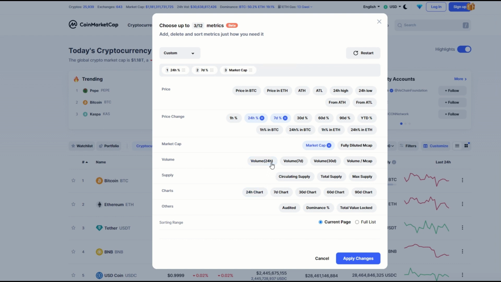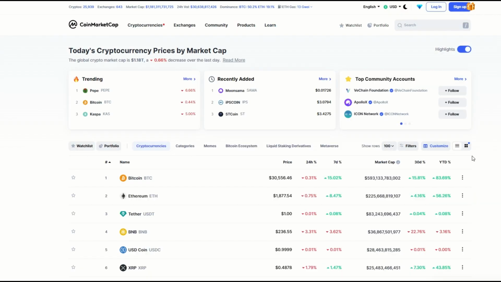I can actually take out my 24-hour volume too. And what I am concentrating on is my 30-day chart. And I'm going to look at my year-to-date chart too. So you'll see that it puts them up the top there, and I'm just going to move my market cap to the end, and that's how I want it set up, and apply my changes, and then that should show.